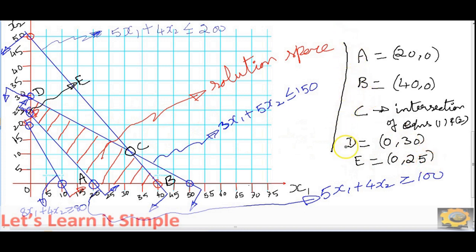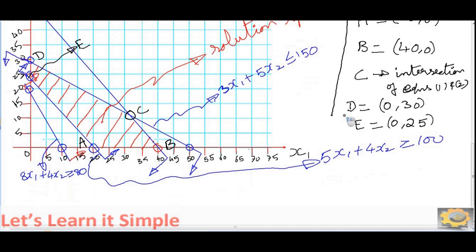So we got A, B, D, E except C. Now we need to get C.